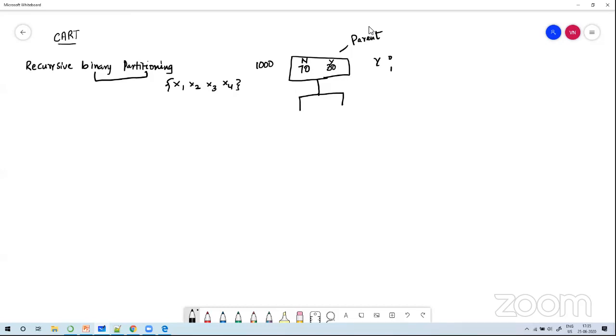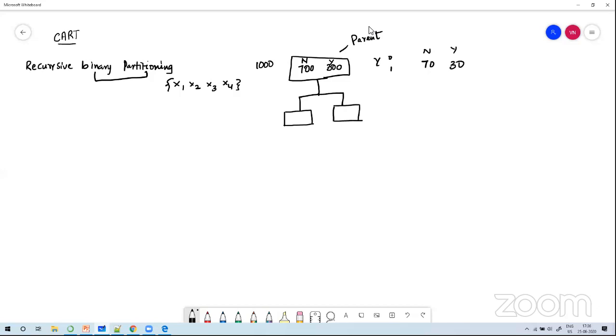At the parent node, the proportion of no and yes is 70% and 30%. So this is like 700 observations here and 300 observations here. Let's say we split these 1000 observations into two smaller nodes.